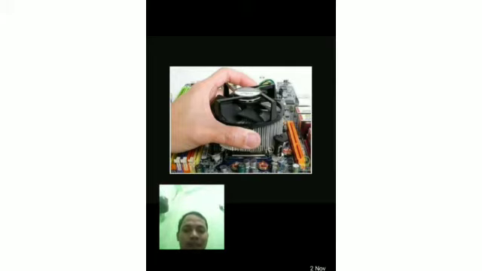Install the heatsink or processor fan. The processor gets hot when the computer is turned on. Therefore, a fan is needed to reduce the heat.